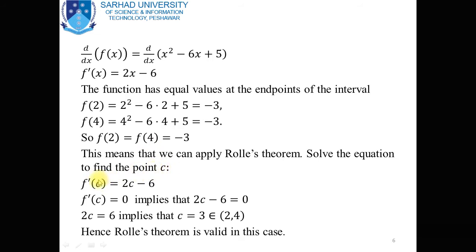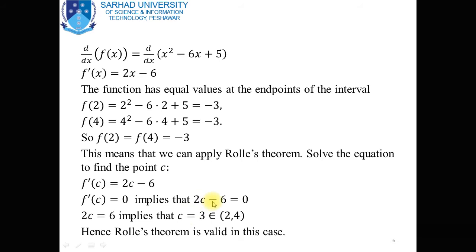Now the derivative of the function, 2c is equal to 6. The derivative of the function at x is equal to c will be equal to 0, because the given function satisfied the hypothesis of the Rolle theorem. Now 2c minus 6 is equal to 0. Dividing both sides by 2, we obtain c is equal to 3.